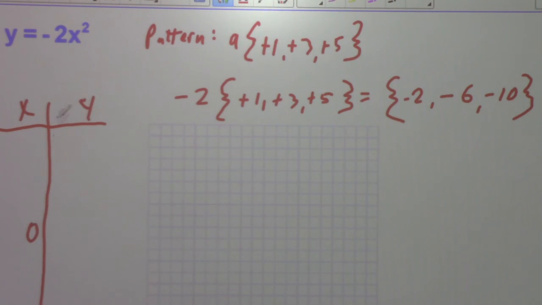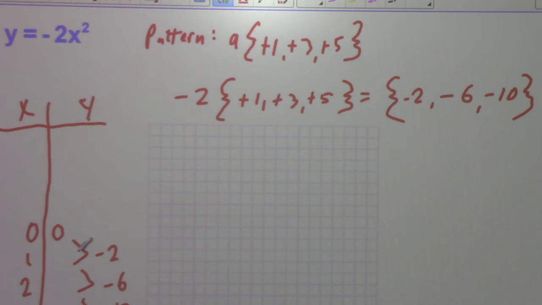Do we have our vertex right here at 0, 0? Yeah, we do, right? So 0, 0, and what do we do with our pattern here? It's going to be going down. Minus 2, and then minus 6, and then minus 10.